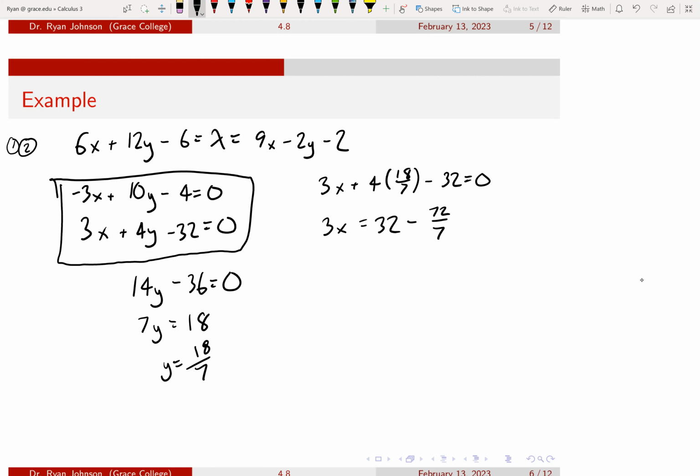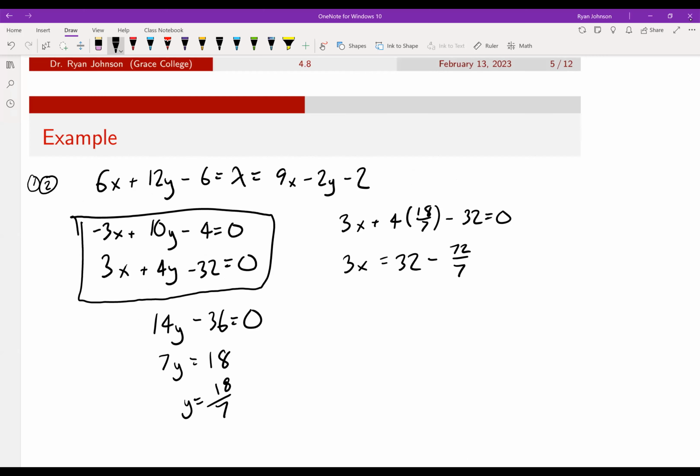Oh my. All right. So at this point, maybe we'll pull out a handy dandy calculator. And everything was looking nice until we got to the fractions, huh? So then I do 32 minus 72 divided by 7, and I get basically 21.7 divided by 3.